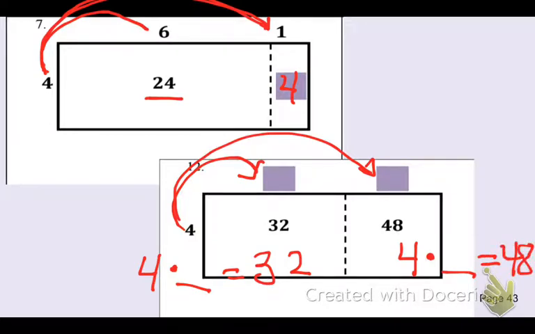Well, my math facts tell me that 4 multiplied by 8 gives us 32. So in here goes 8. I know that 4 multiplied by 12 gives us 48. So I can say that 12 goes up here. All right, moving on.